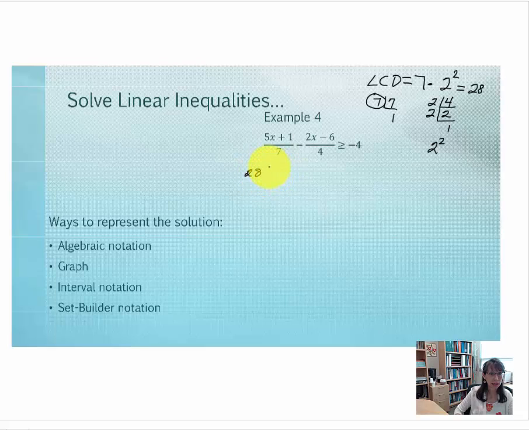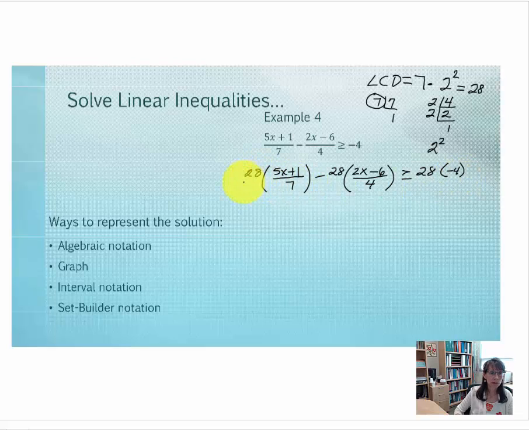So I'll have 28 times my fraction 5x plus 1 divided by 7 minus 28 times our fraction 2x minus 6 over 4 greater or equal to 28 times negative 4.